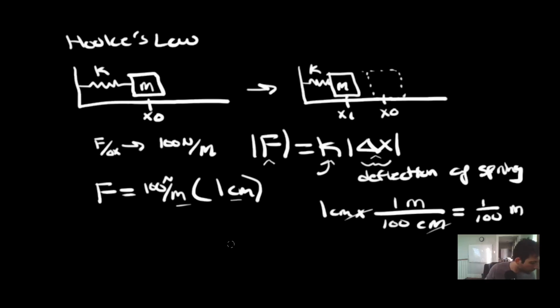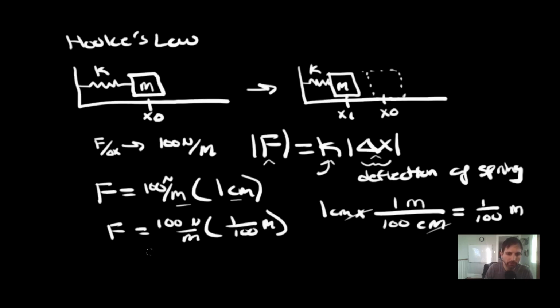And so force equals 100 newtons per meter multiplied by 1 over 100 meters. Force is going to equal, our hundreds cancel, right? Meters cancel, Newton, right?